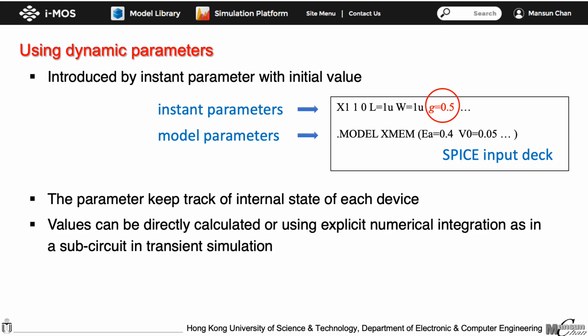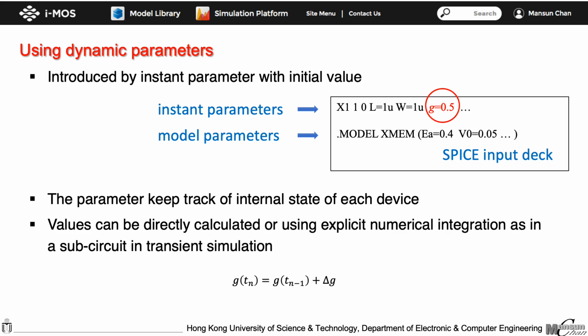As the instant parameter usually represents the physical structure of the device, using the instant parameter to keep track of the structural change of the device is intuitively correct. To update the instant parameter, it has to be written in an incremental form, such as the new gap size is equal to the previous gap size plus a delta G. Using the internal time step in SPICE, delta G can be calculated using a function call to the numerical integration routine provided in SPICE.